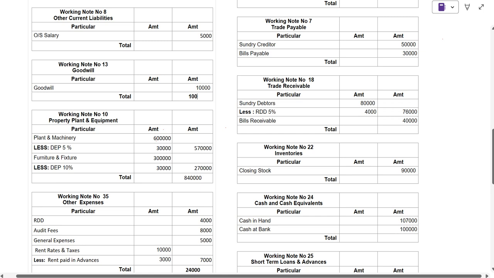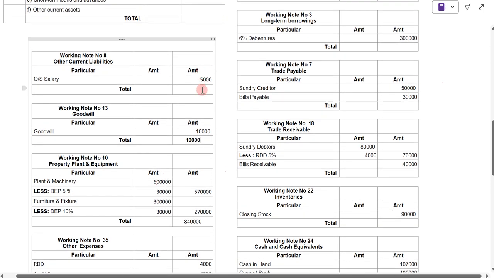Goodwill 10,000. Outstanding salary 5,000. Trade payable 80,000. Closing stock 90,000 total.